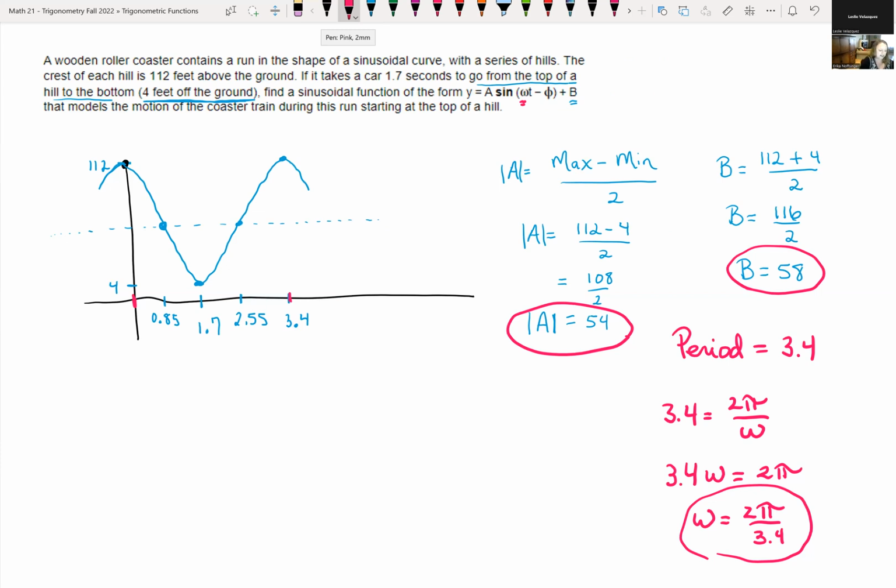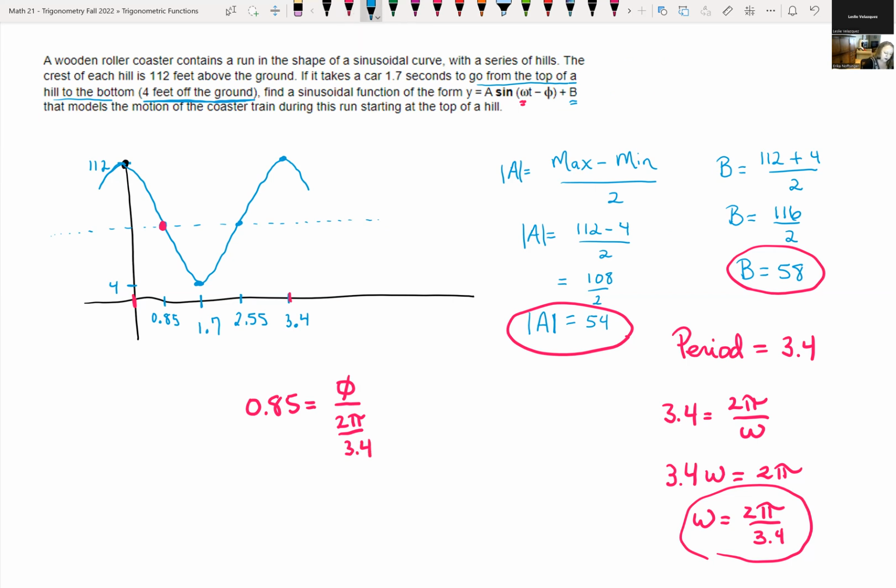And then the phase shift. Because I'm thinking of a sine function, I want to think about starting at the midway line, and so my phase shift here is 0.85. This is equal to my phi divided by omega, but omega in our case was 2 pi all over 3.4.